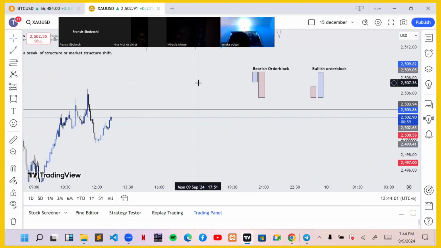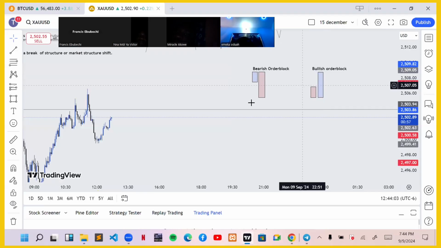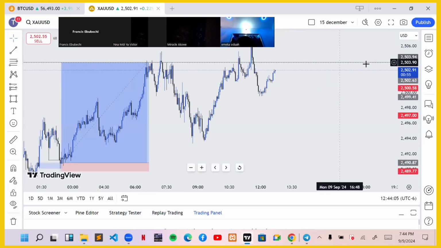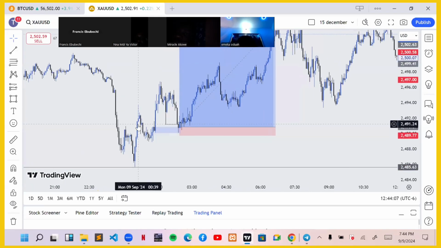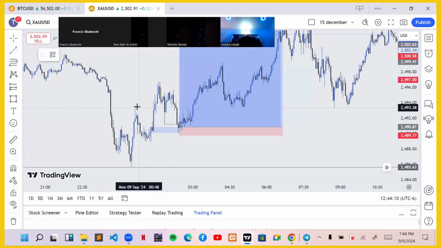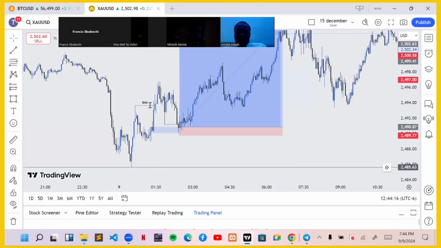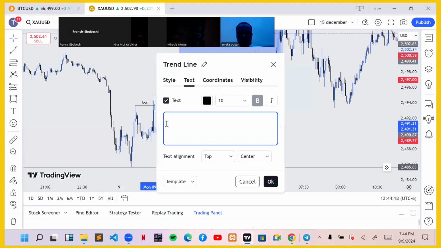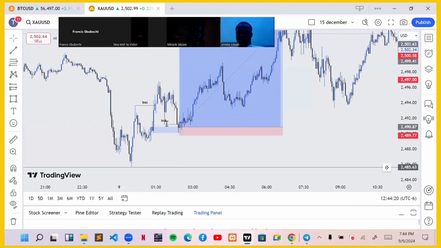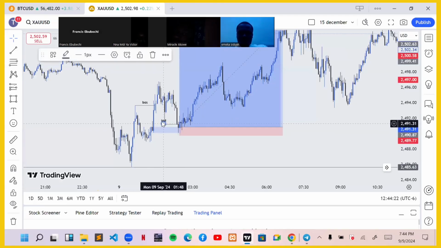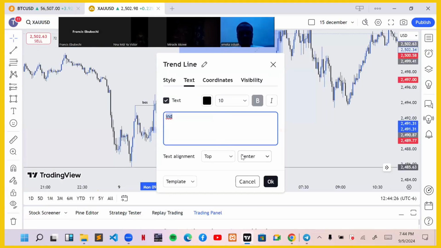Now, for cases like this, this bullish order block was what I used to take this trade I took on gold. Pay attention. After the market had this break of structure here, it made this. This is my break of structure. So I'll mark it up. This is my inducement here.